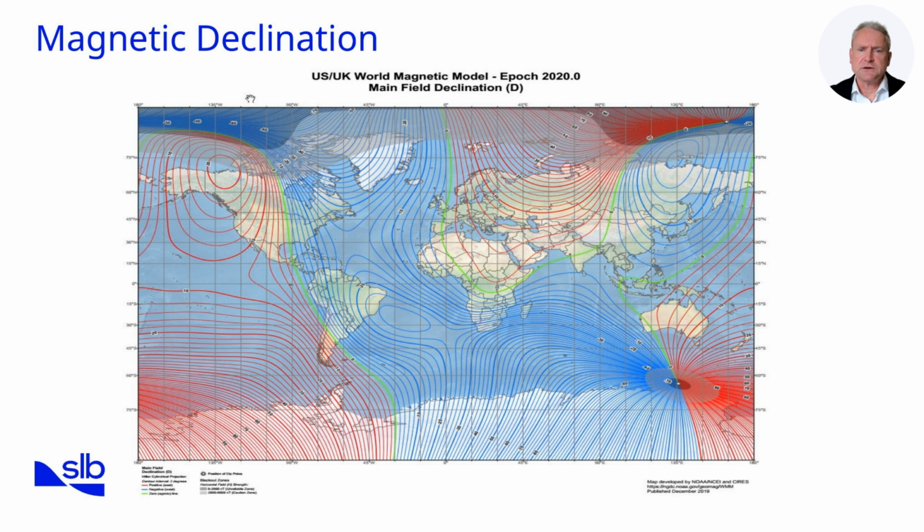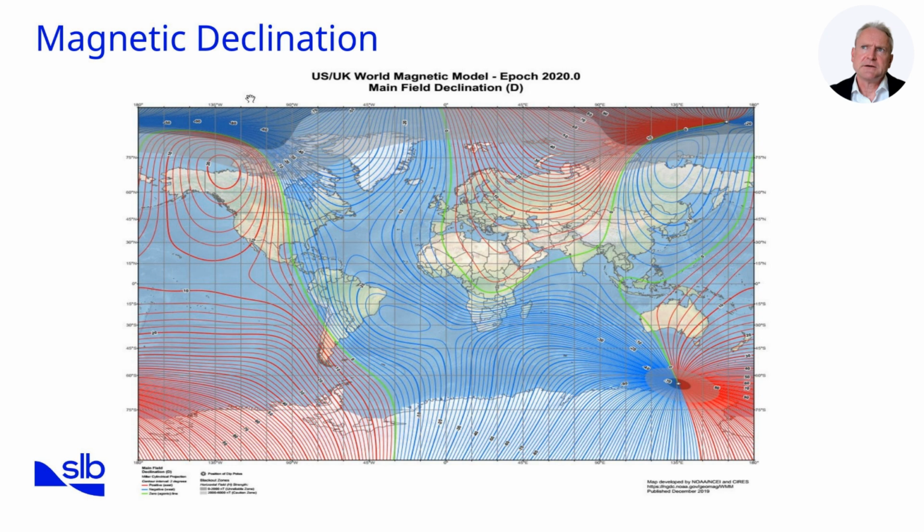This is important to understand because MWD survey tools measure the azimuth using magnetics. For example, a tool might record an azimuth relative to magnetic north, but the geological target could be referenced to true or grid north. Without correcting for declination, your well path could be misaligned with the intended target.